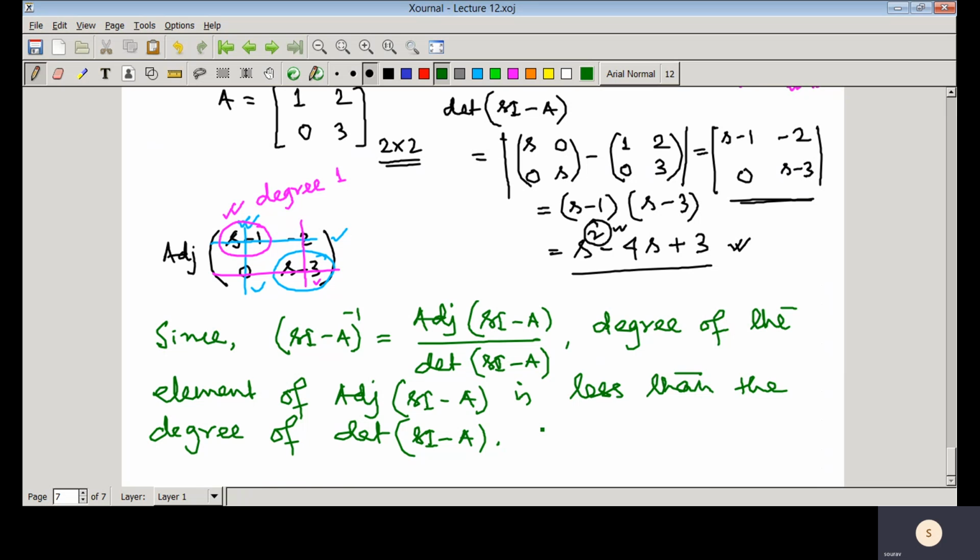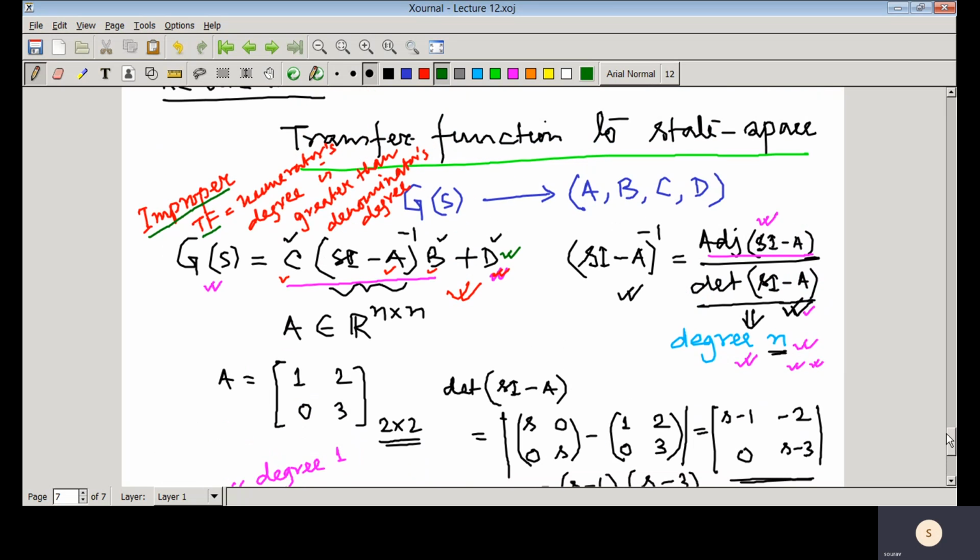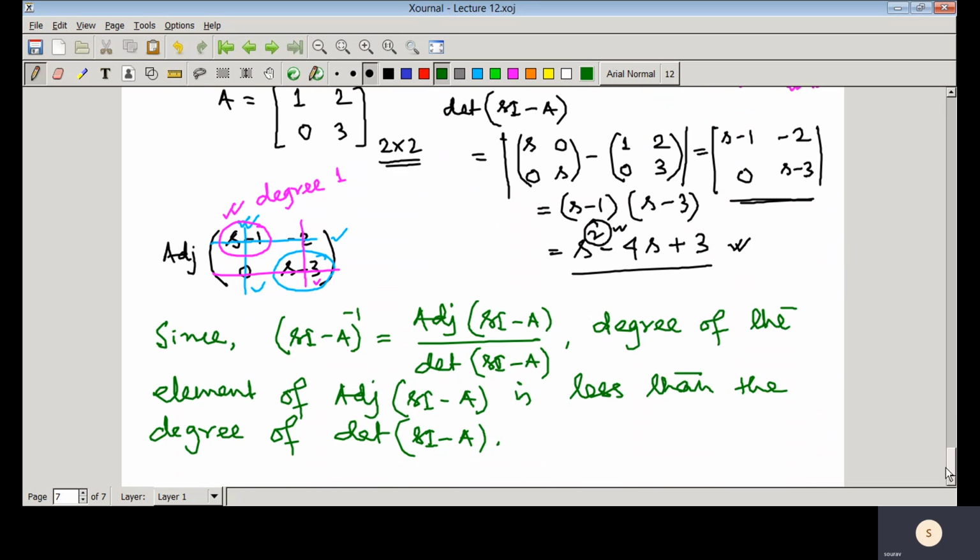That means its degree is always less than the degree of this. So if I give you an improper transfer function where the numerator's degree is greater than the denominator's degree, with this particular structure you cannot realize that transfer function. That's why the improper transfer function cannot be realized.